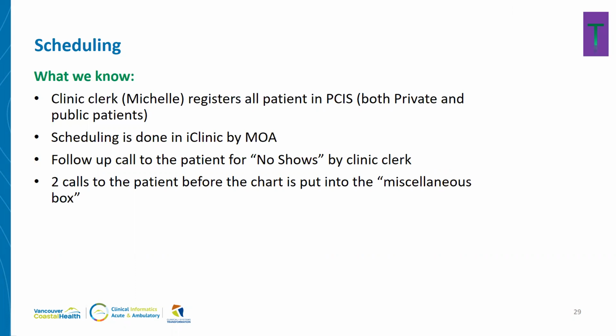Yes. Perfect. And then scheduling is done in iClinic by the MOAs. That's correct. And from the clinic visit, we understood that if we have no shows, Michele, you try to contact them for follow-up, usually at least 2 calls, and then after that we put them in the miscellaneous box.